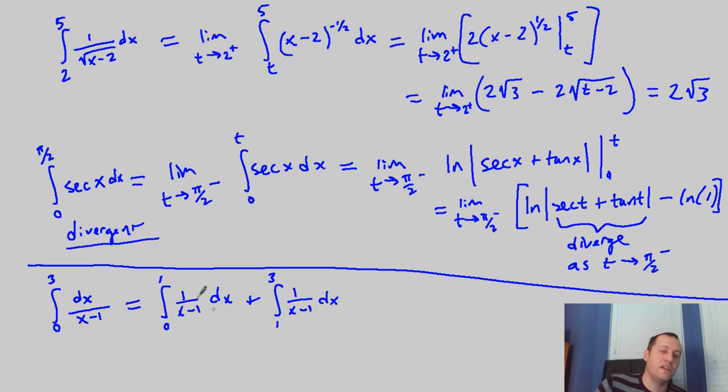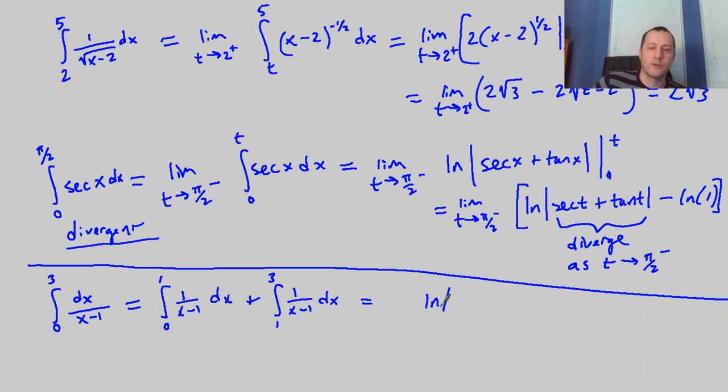And again, you can use t in here and put the limit in right away. In either case, the antiderivative here is going to be a natural log, right? The natural log of the absolute value of x minus 1. That's going to be evaluated from 0 to 1, right?